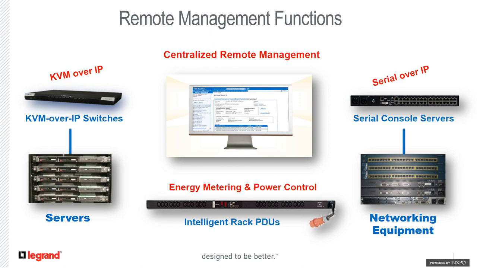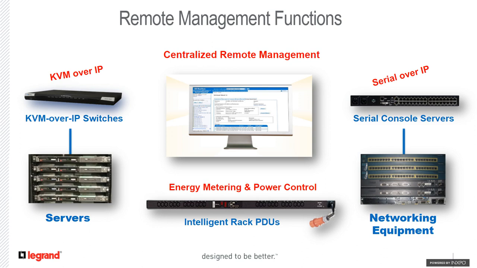a VPN. On the right side of the slide, we have Serial over IP, which is called a Serial console server, and this performs a similar function, but it's typically used to access networking equipment. It could be used for a Unix or Linux server, even a Windows server, if you're going to manage that equipment via a serial port.